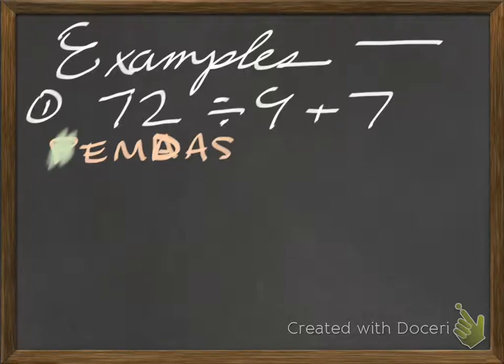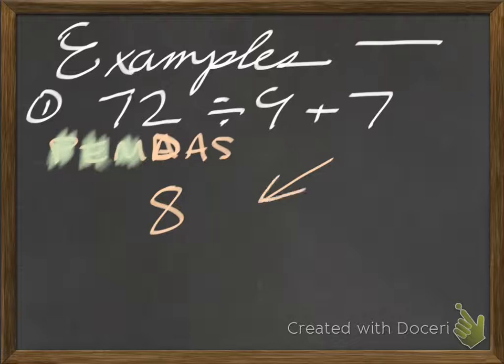So I'm done with that. Do I have any exponents? No. Do I have any multiplication or division? I do have some division. I do need to divide. 72 divided by 9 is 8. Carry down the 7. 8 plus 7 then we know is 15. We're done.